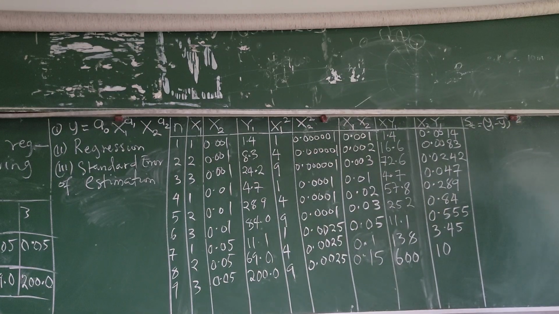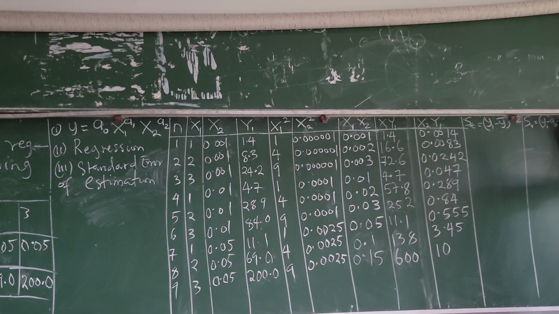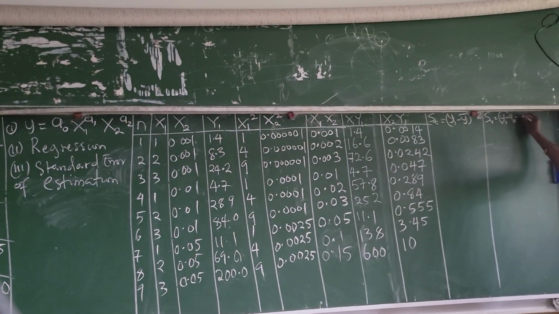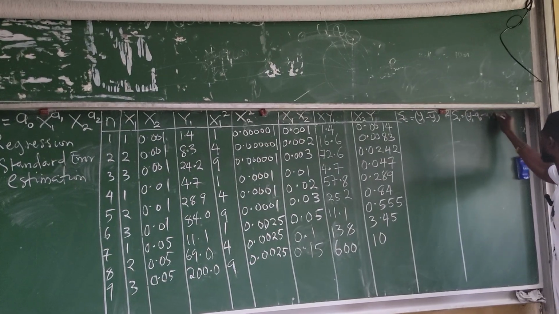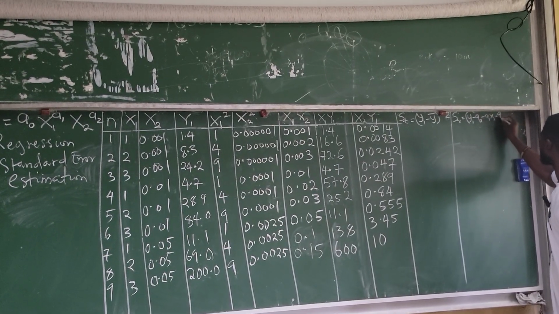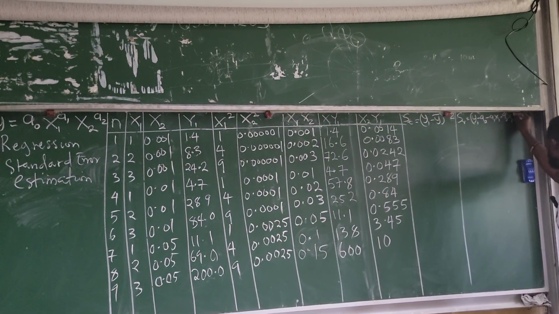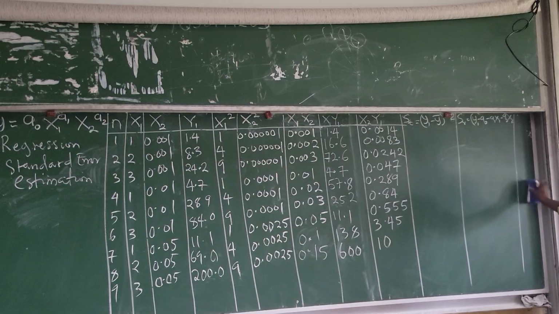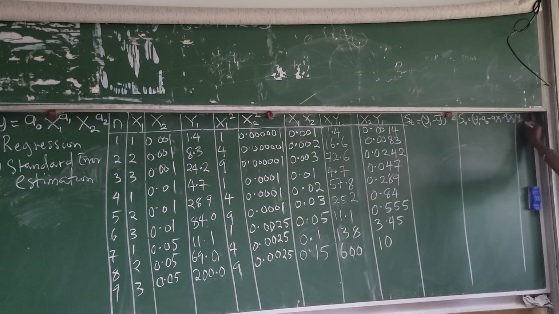Square it. That is for that. So after having that, you have xr. xr is equals to y1 minus a0 minus a1x1 minus a2x2.